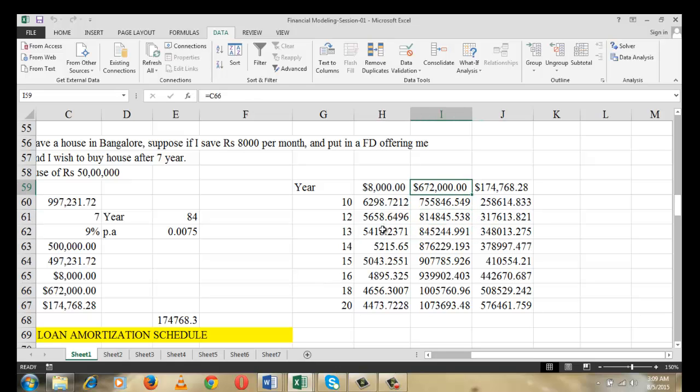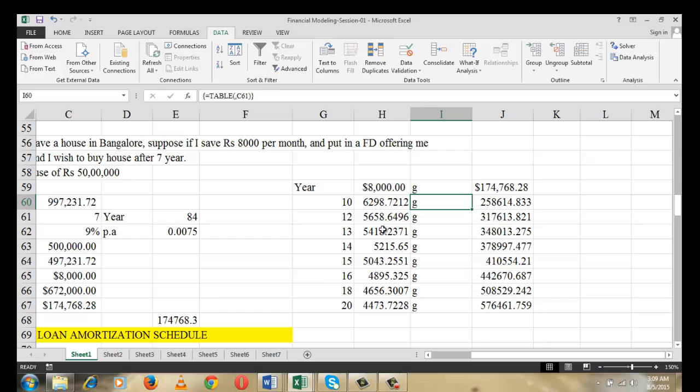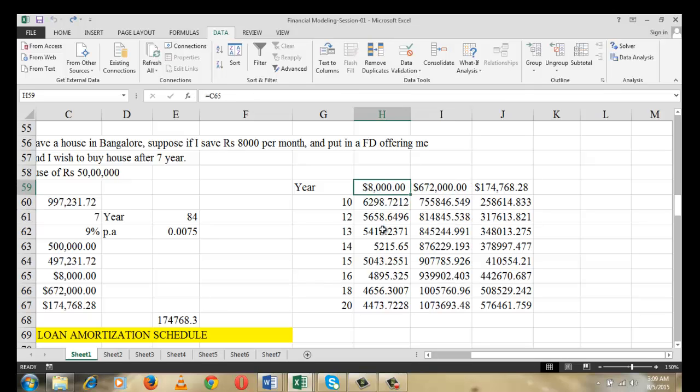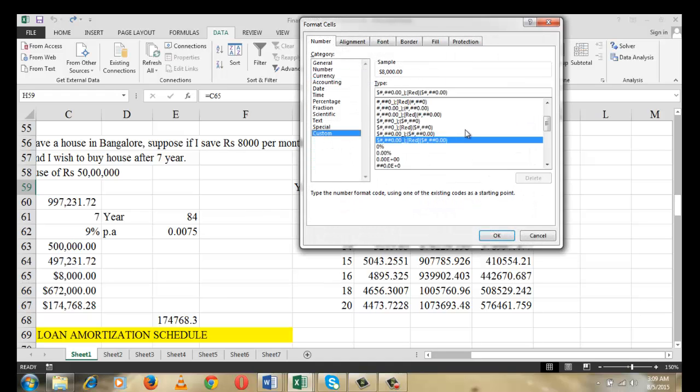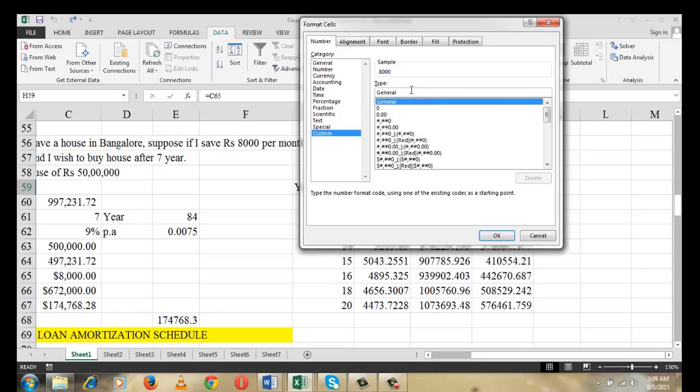If you write anything, the whole data table will get changed. So you want to give a proper heading for that. Go to Format Cells, Custom. Under Custom, click on General, and write EMI with double quotes.